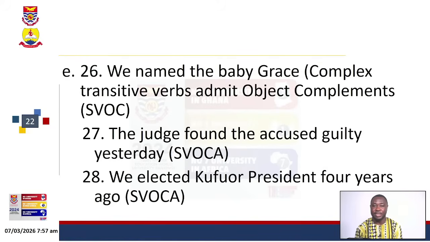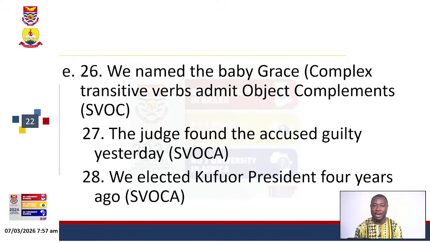Of course, they are related, but they are not the same thing. So in this example, we have a complex transitive verb. Such a verb will allow an object, which in this case is the baby, and then a complement, which is Grace. That is why we call it complex.